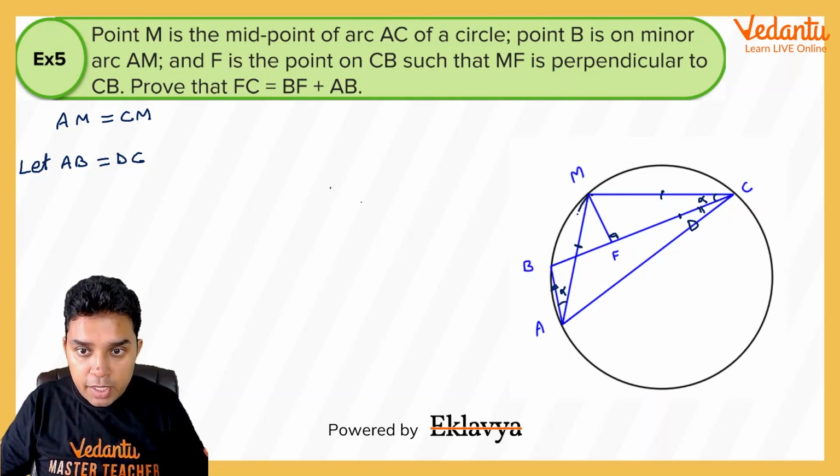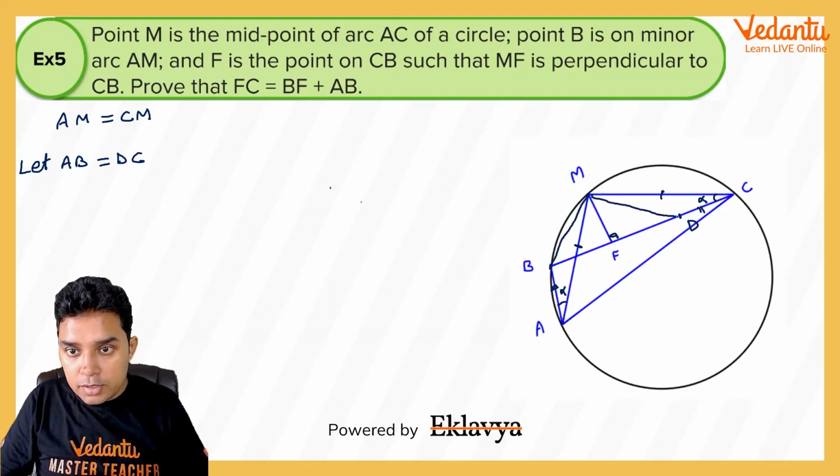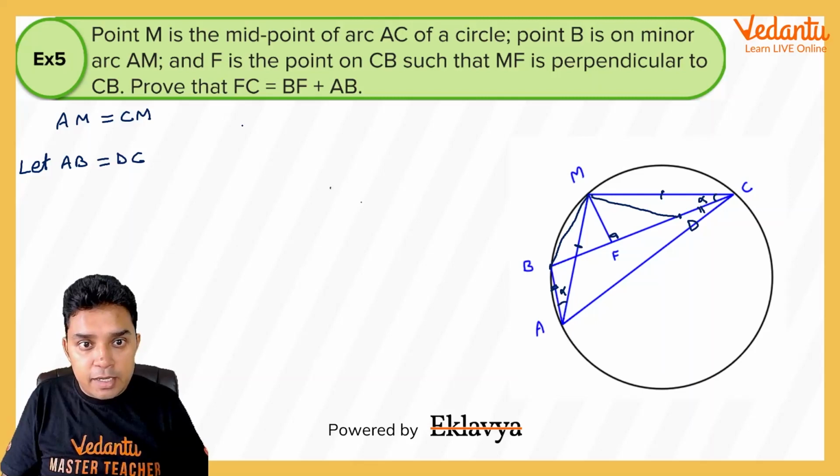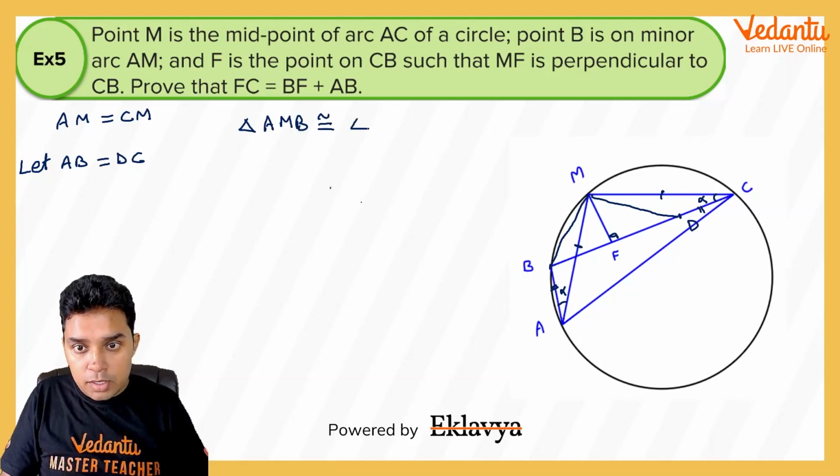Hence, I join B with M and I join M with D. I think it can be said directly that triangle AMB will be congruent to triangle, here in place of A it will be C, in place of M it will be M once again, CM, and in place of B it will be D.